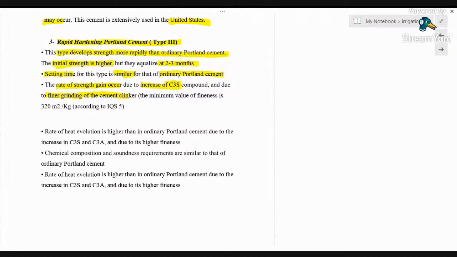If you add some water to the cement, all the cement particles will react with the water, and the rate of gain of strength will be very high. So you can increase the C3S compound, and also use a finer grind of the cement clinker. What is the minimum fineness required? That is 320 meter square per kg.